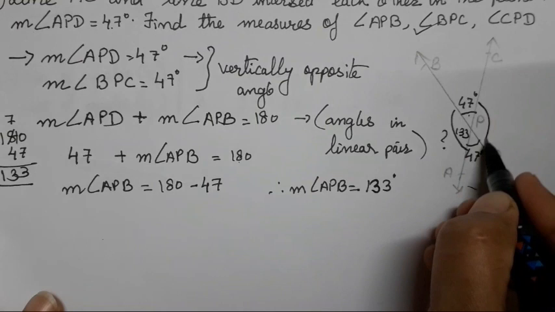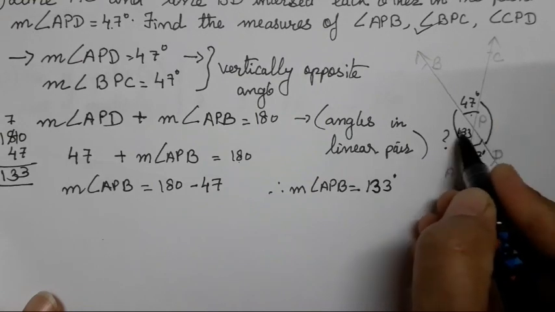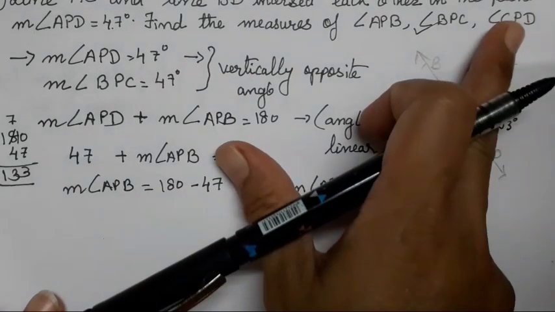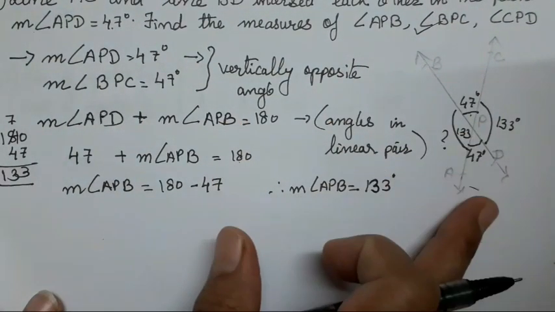So how much is this going to be? Opposite angle, isn't it? Vertically opposite angle. So this will also be 133 degree only, which is going to be CPD.